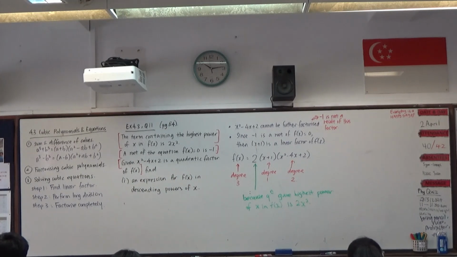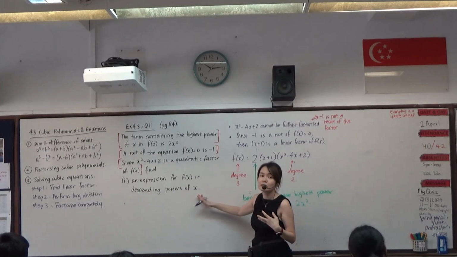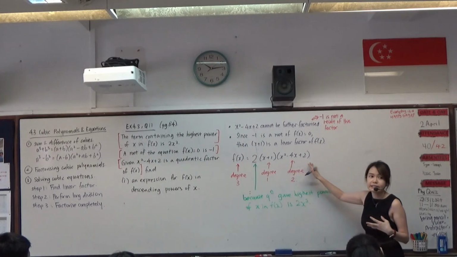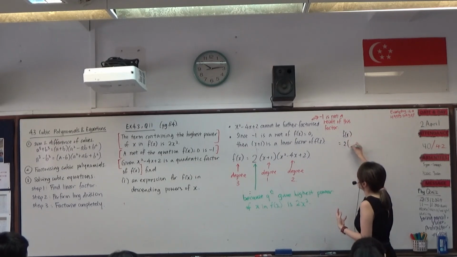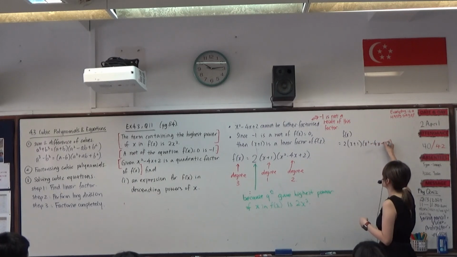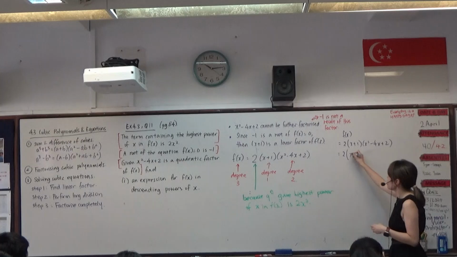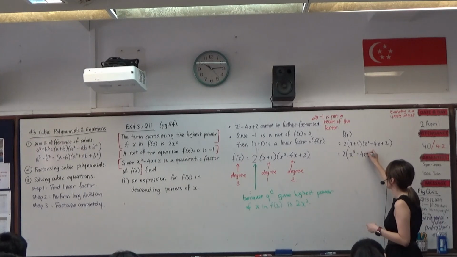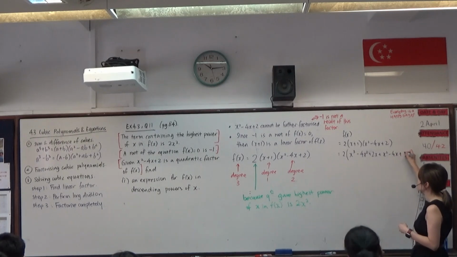Right. So since the question says that you want it to be in descending powers of x, that means we've got to expand this. Okay, so f(x). To expand it, you can tackle the brackets first. Okay, so I'll leave the 2 outside. x times x squared, I will get x cubed, minus 4x squared plus 2x plus x squared minus 4x plus 2.